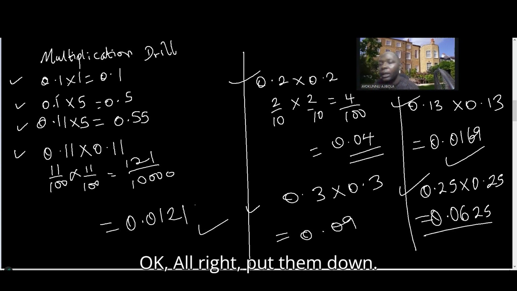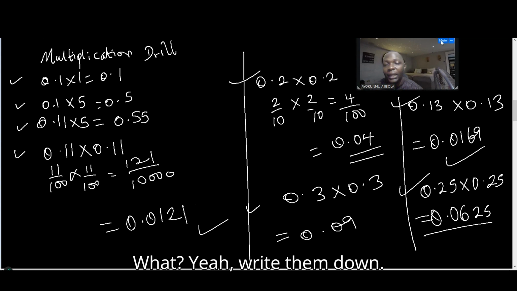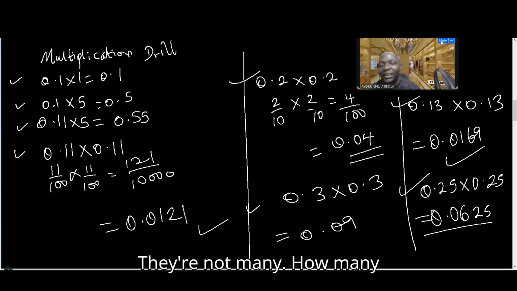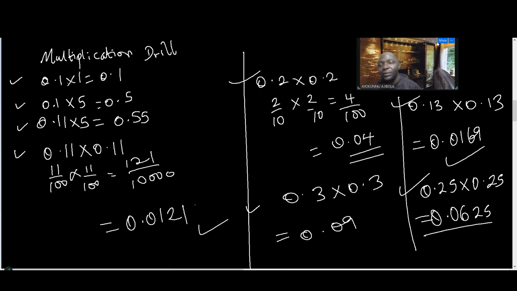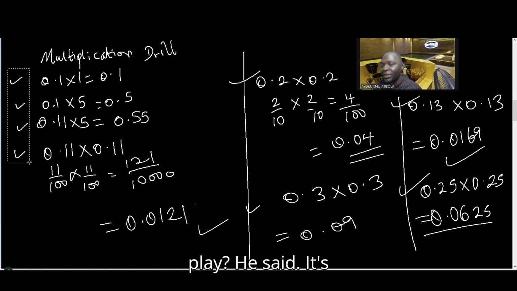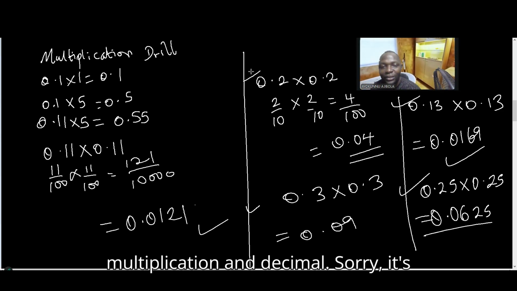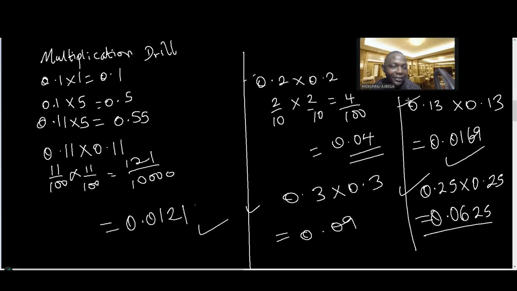Okay. All right, write them down. There are not many. How many are they? 1, 2, 3, 4, 5, 6, 7, 8. It's decimal and multiplication. Okay.